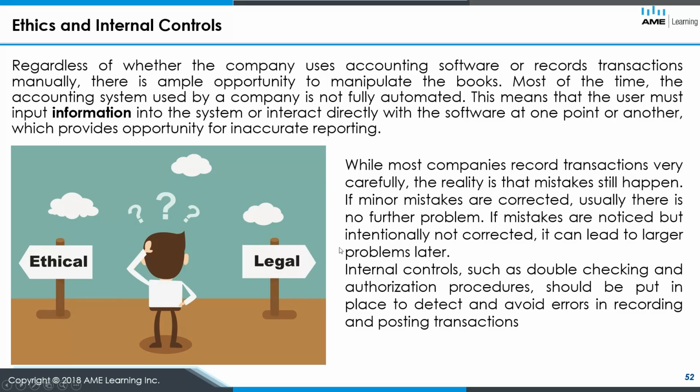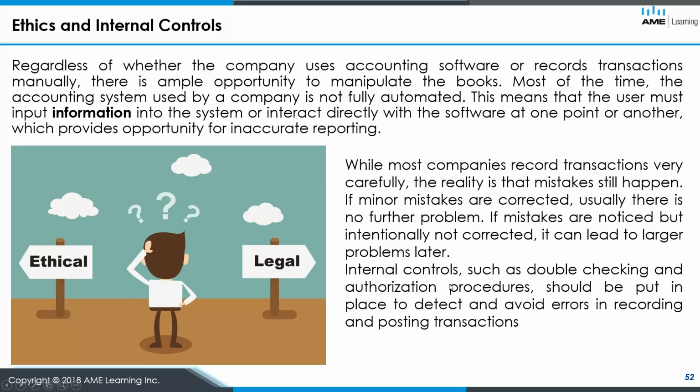So just being cautious, being honest, is really important to be a good accountant, because as the accountant, even if you're an entry-level accountant, a lot of times you are given a lot of responsibility for ensuring that certain business processes and business records are handled appropriately and accurately, etc.